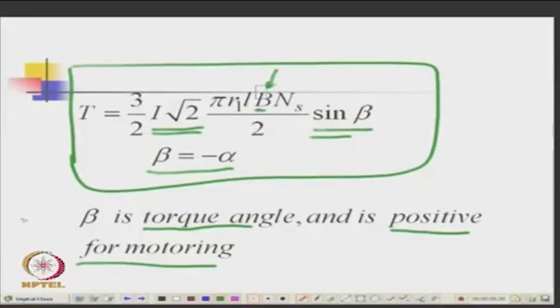Only then do you get a stator MMF which is sinusoidally varying but rotating at synchronous speed. It will develop a torque which is proportional to the magnet flux B and the current.